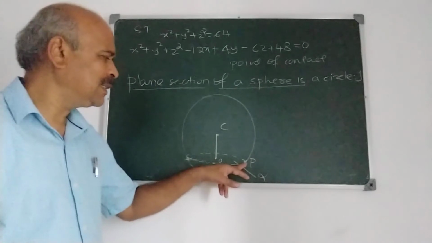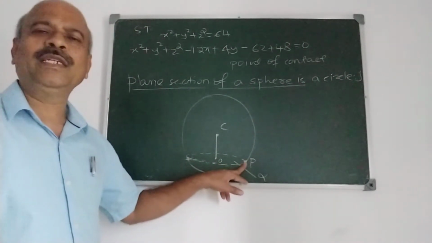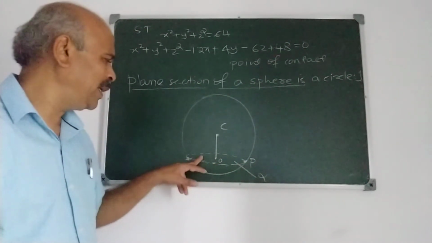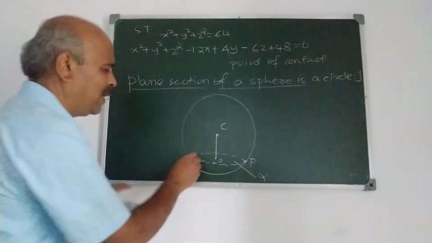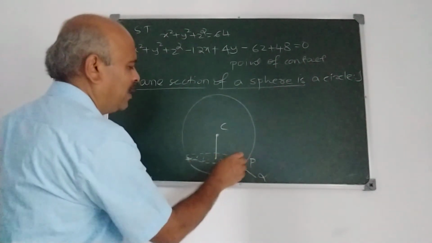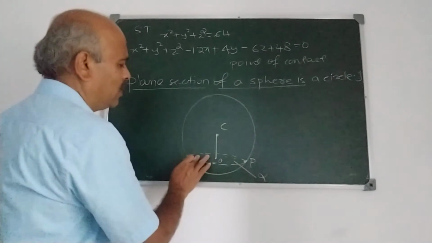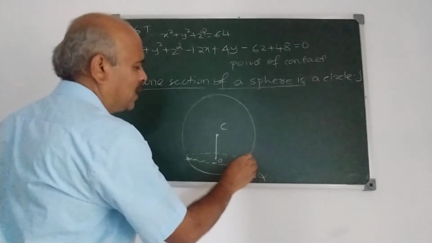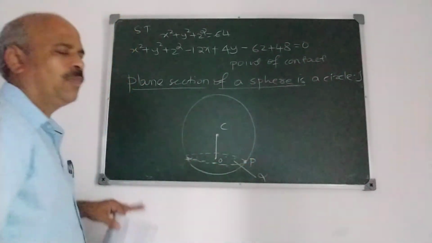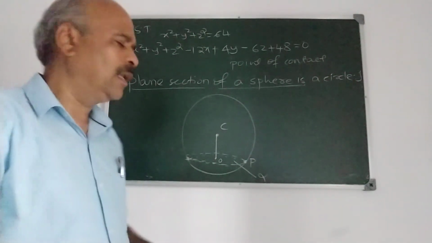Now for definiteness I have taken P here, so that you can easily understand. Therefore P may be any point on this plane. P may be here, here, here or any point here. So I have taken P so that you can easily understand the plane section is a circle.